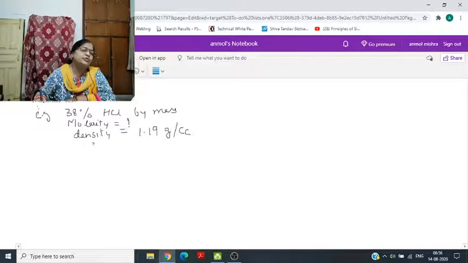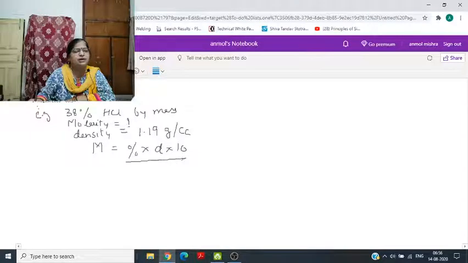So the formula for molarity, please learn this formula: percentage into D into 10 by molar mass. The percentage is given to you, 38%. Density is 1.19, then 10.